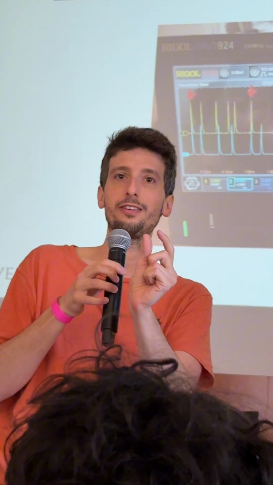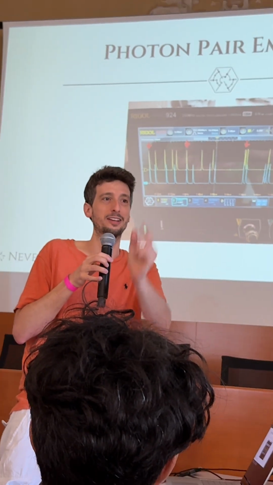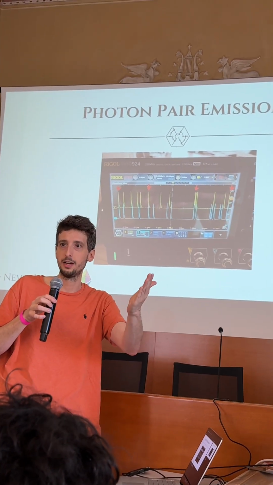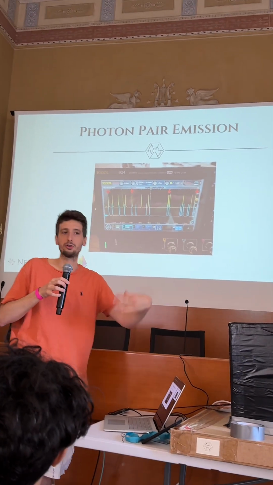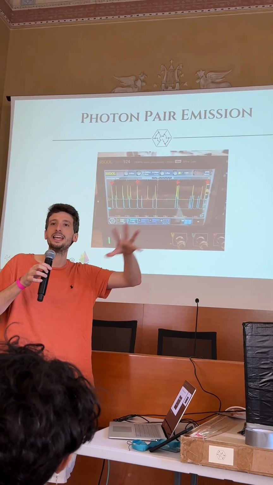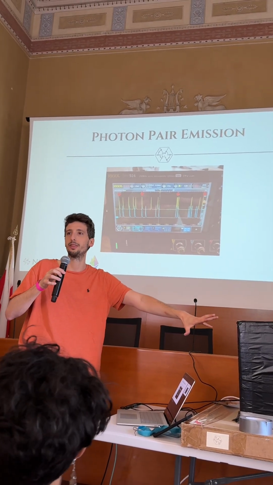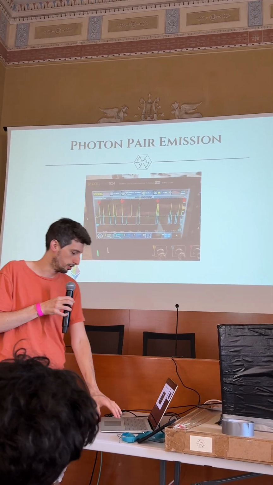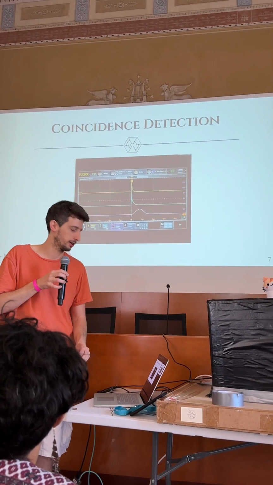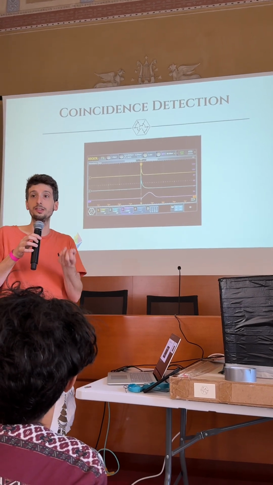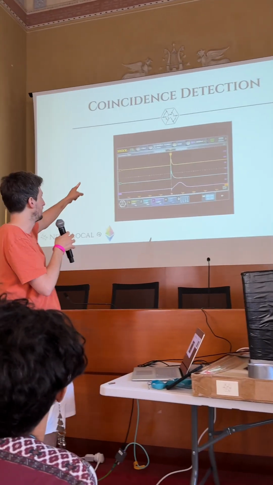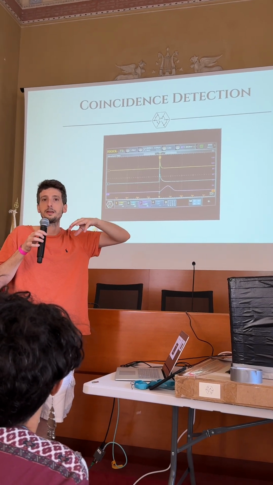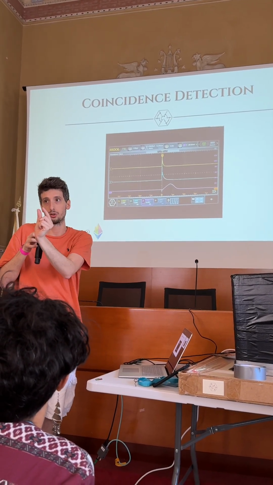And so you need something which has that precision to detect which ones are actually the coincident, correlated pairs coming from the laser, which is the signal for the protocol, and which ones are just random photons that come from the air and enter the box, and you don't want them because they carry who knows what information. What you need to do is implement a small piece of electronic circuitry called coincidence detection. When the signals are sufficiently aligned, there's a bunch of MOSFETs and resistors that implement effectively an AND gate, but a very short-term one.